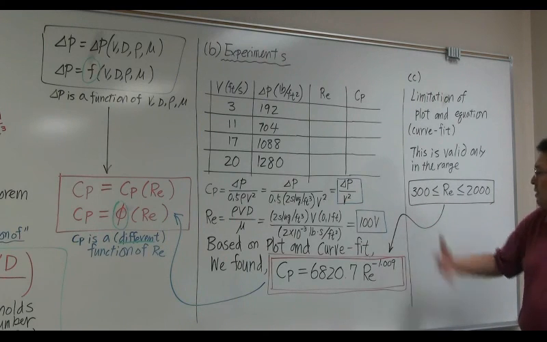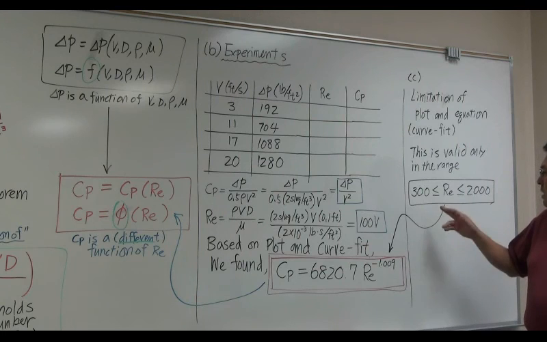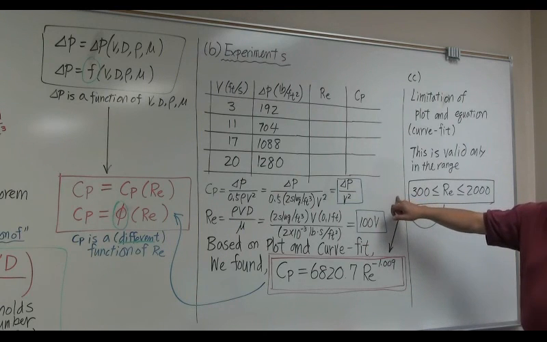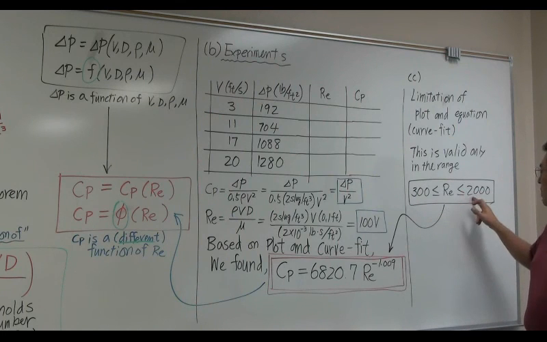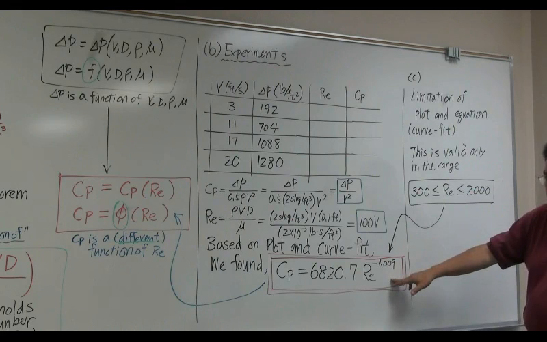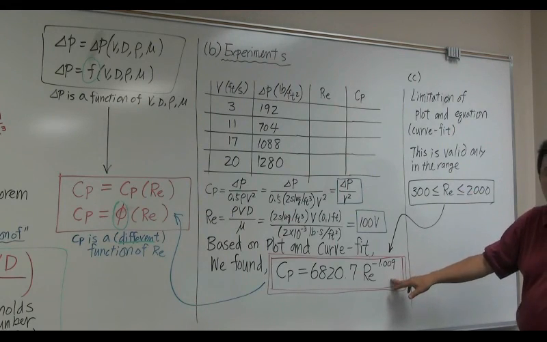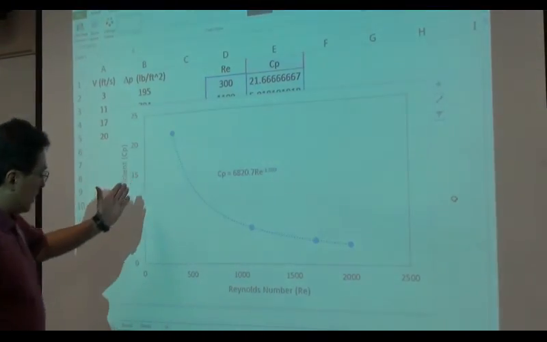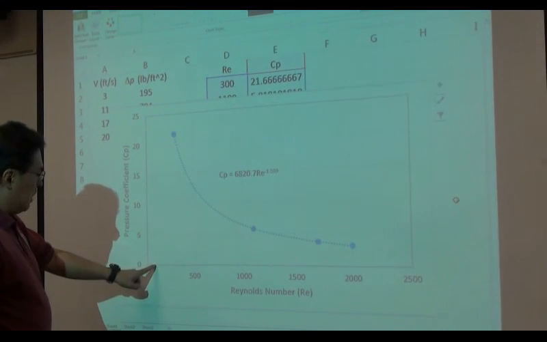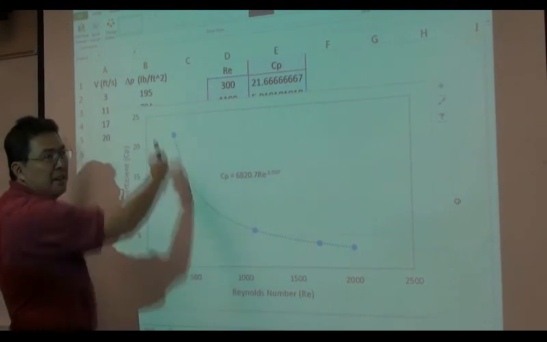Suppose somebody asks you what is the CP at Reynolds number 20, or what is the CP at Reynolds number 5000, your answer is we don't know. We probably need to conduct another experiment to determine such a thing. In other words, if somebody says, what is the CP right here? There's no data.